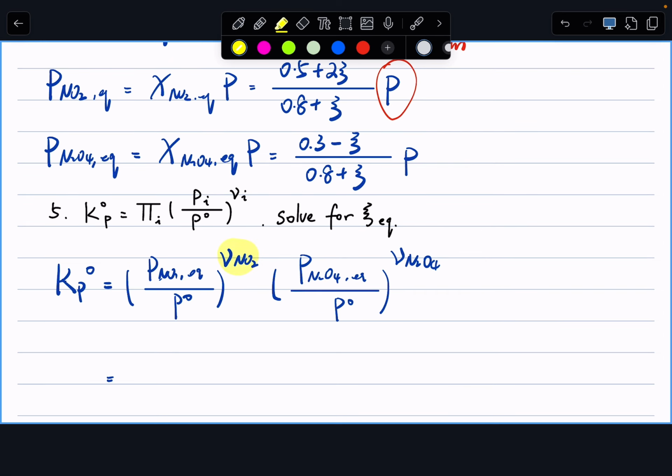This is one thing that people tend to miss, especially when the stoichiometric coefficient is not 0. So keep in mind to add this power on there.